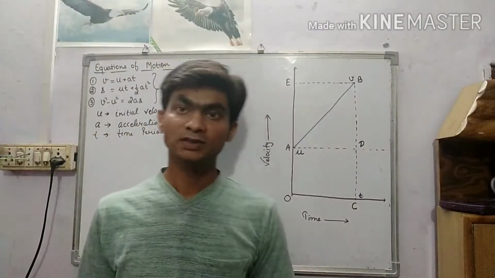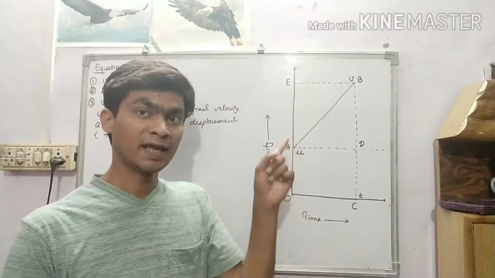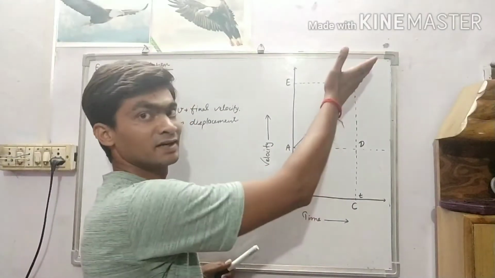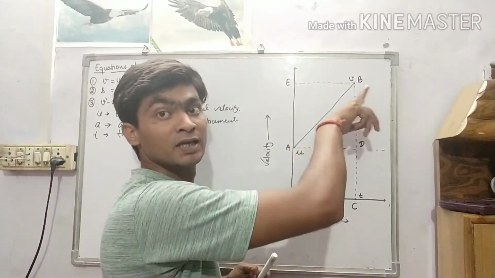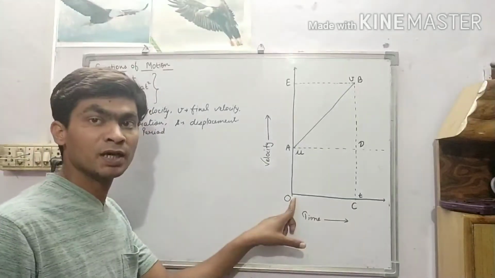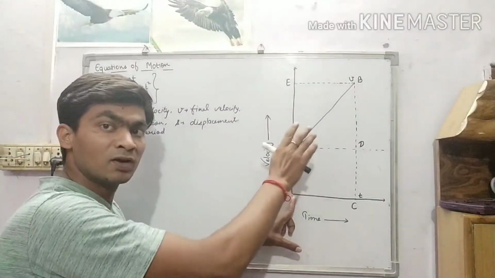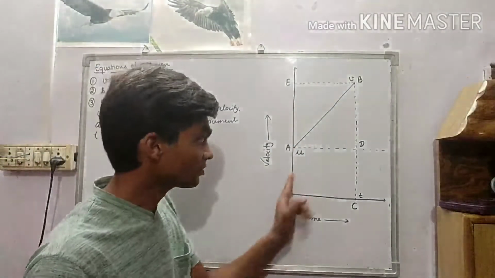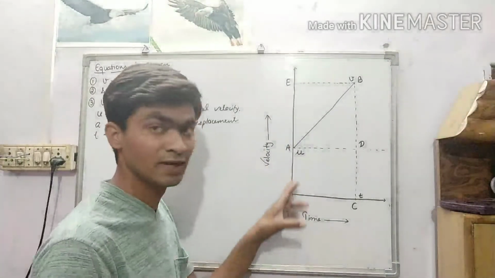Now as you can see on the right side, there is a graph representing uniformly accelerated motion. As the time is increasing, the speed is also being increased. At the beginning of the time, the velocity was constant. It is not at zero, keep in mind, so it has some value.